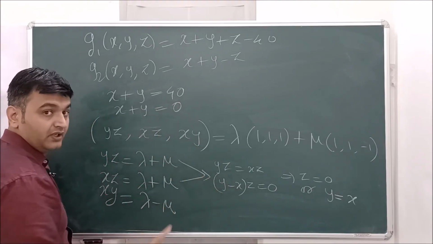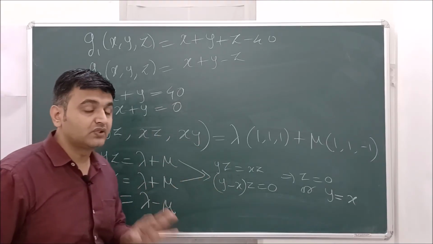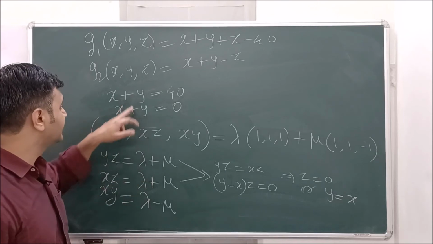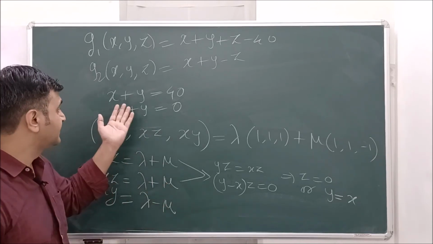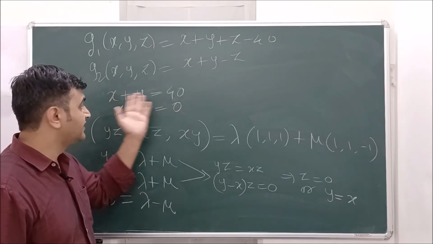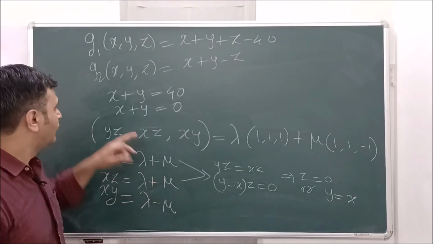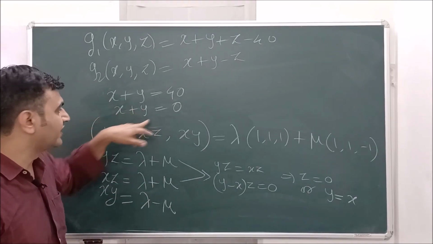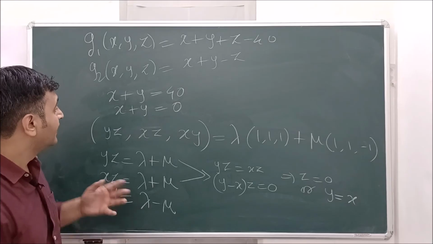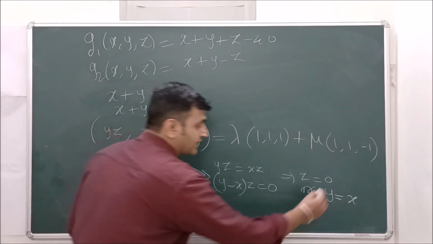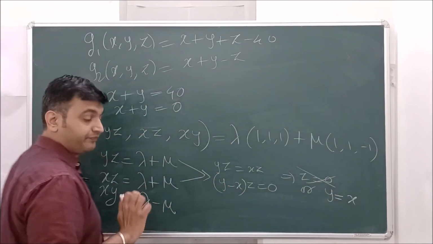We are checking whether z equal to 0 is possible or not. Can you give me x and y such that their sum is 0 and their sum is 40 as well? No. If you subtract, you get 40 equal to 0, which is not possible. So the z equal to 0 case is not possible.